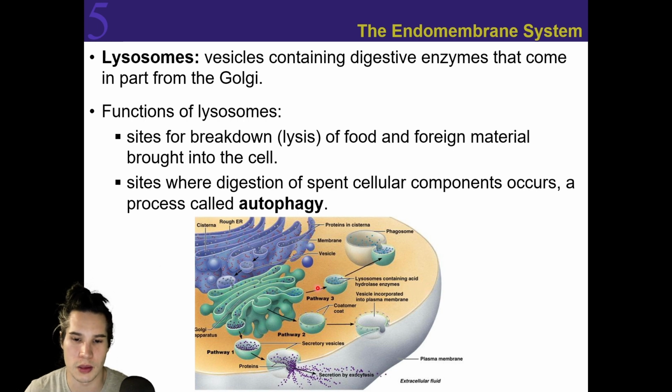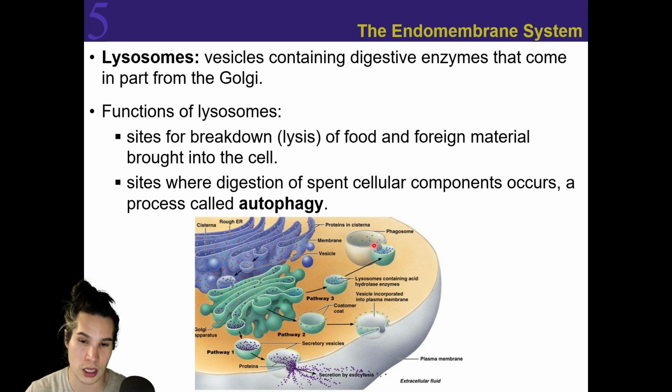You could just say enzymes that would break down a multitude of different molecules into their base components. And so in this case, we have what we would call a phagosome. Phago meaning to eat, zome meaning it's a vesicle, some kind of package. So this is going to be a phagosome maybe from receiving stuff from the outside of the cell.